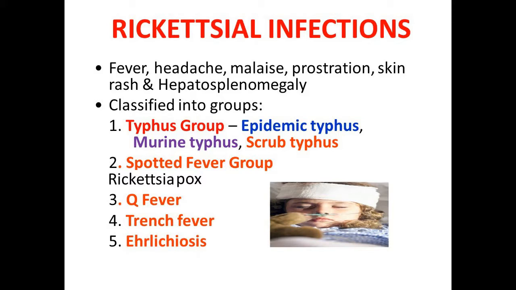Doxycycline is the drug of choice for suspected or proven Rocky Mountain spotted fever in adults and children, including those less than 9 years of age. In this case, the risk of staining of the teeth is outweighed by the seriousness of the potentially fatal infection.